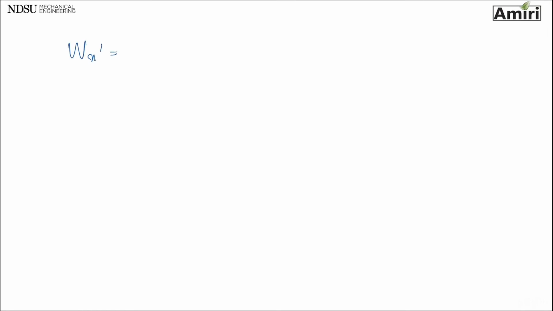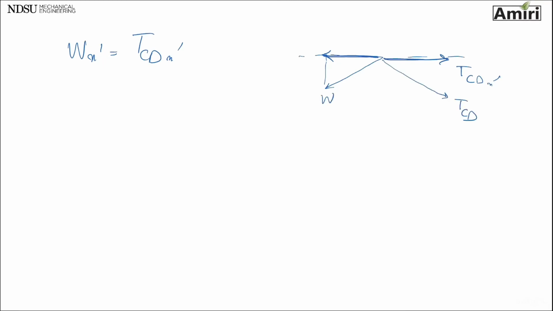W x prime, TCD x prime, and of course we have a normal, don't forget that. This one is 41.1 pounds. So the component of this W is going to be that.